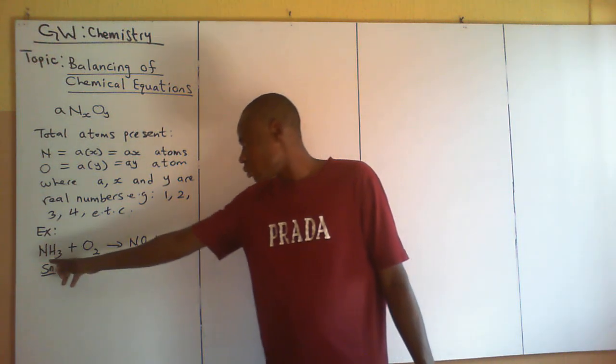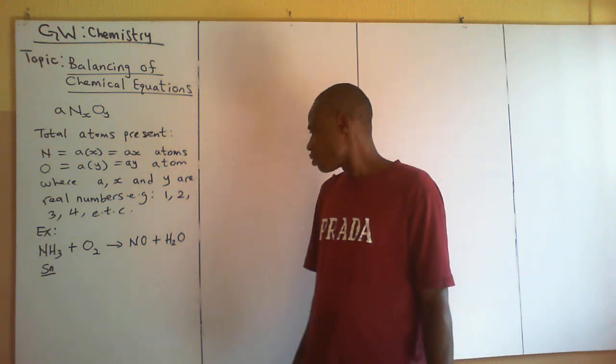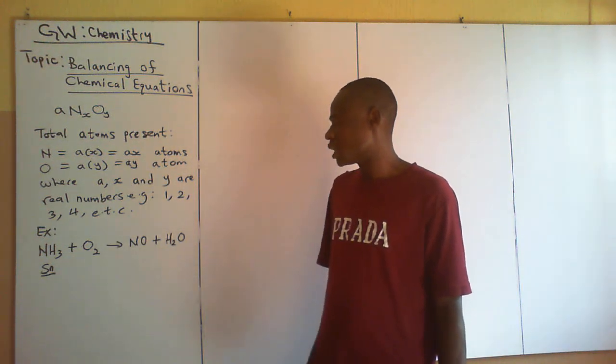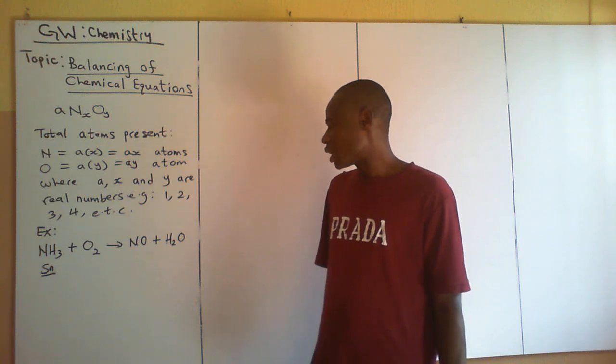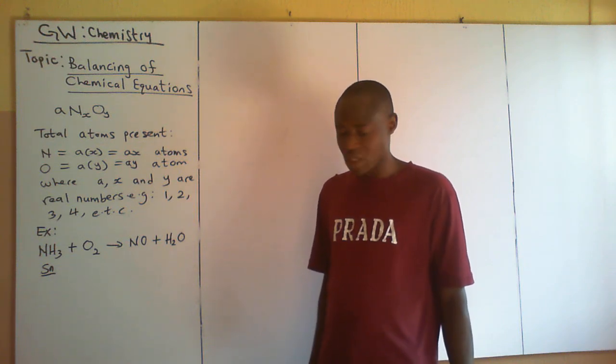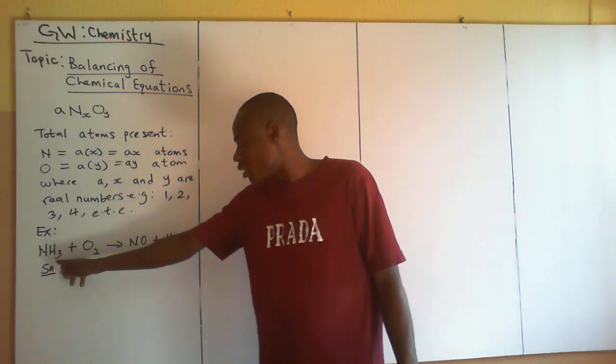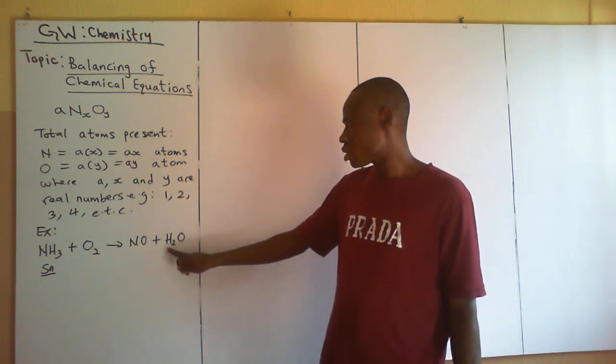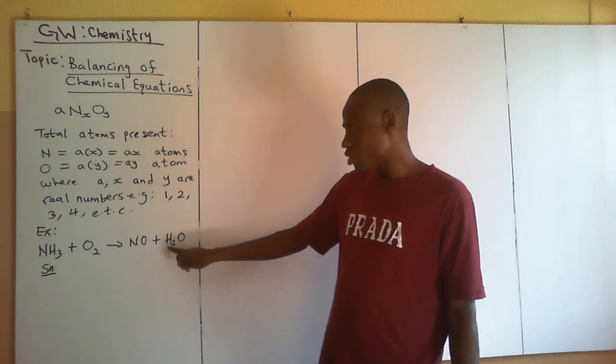Oxygen balanced, nitrogen balanced. But hydrogen is not balanced. If you look at it very well, you will see that hydrogen here is 3. Now hydrogen here is what? Hydrogen here is 2.